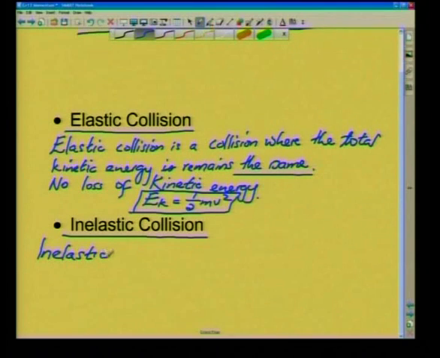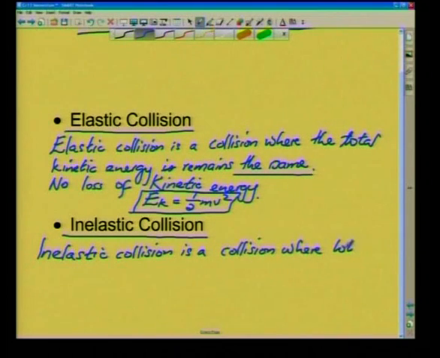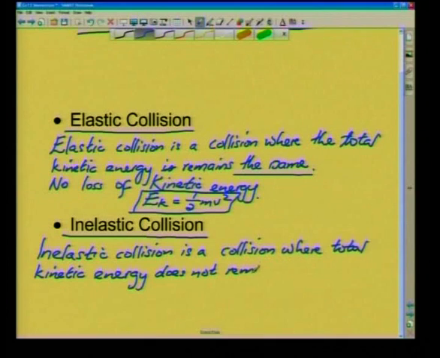Inelastic collision is a collision where total kinetic energy does not remain the same.